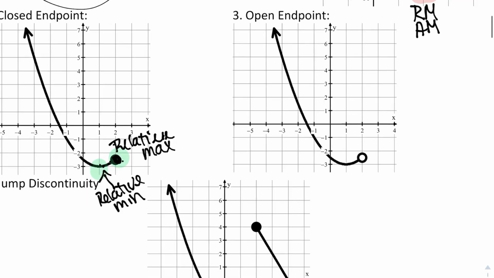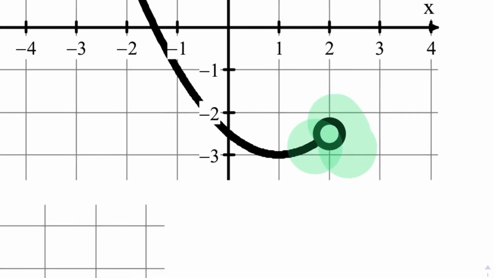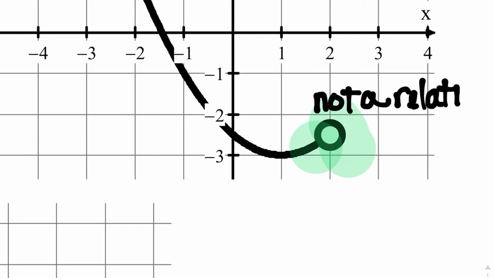The difference between 2 and 3 is over here you have this open circle. There's no one value I can pinpoint there. There's no real number that I can pinpoint that's going to be higher than the one next to it because that's an open circle. So this one is not a relative max, because there isn't a point on either side that I can really pinpoint.